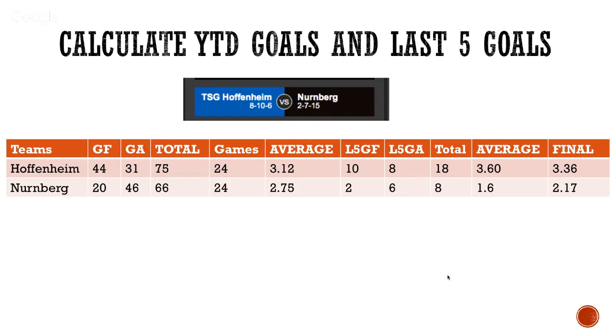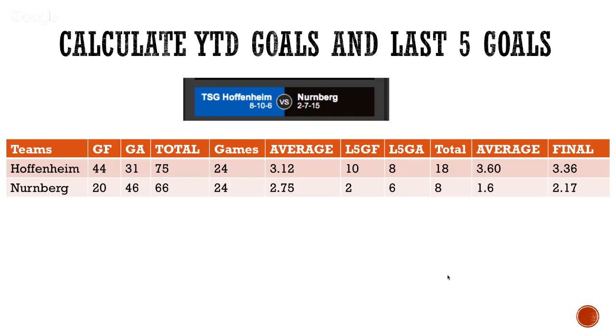So again, goals for, goals against, and if you add that up, 44 plus 31, that equals 75. Then you take the total number of games, which was 24 up to this point, and you take 75 divided by 24, and that gives you an average of 3.12.